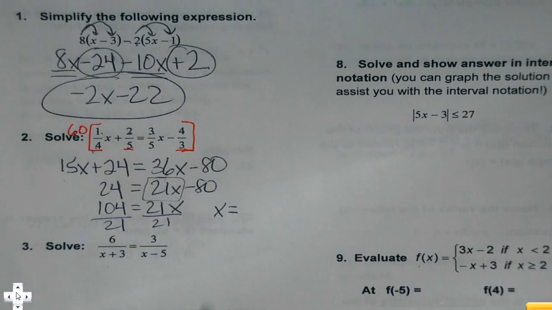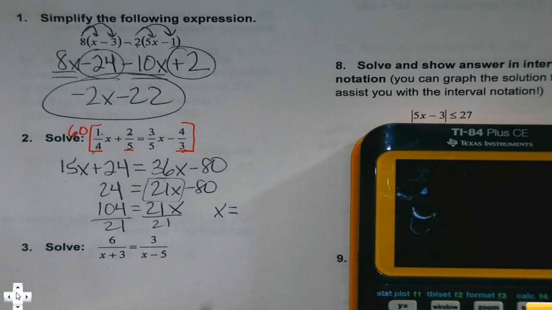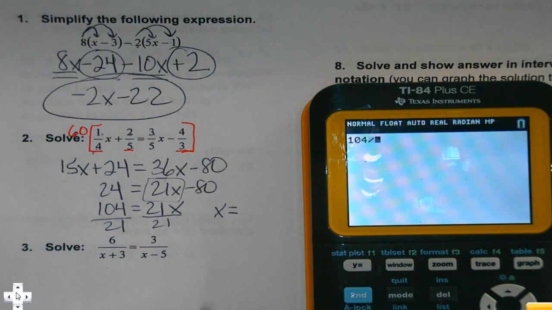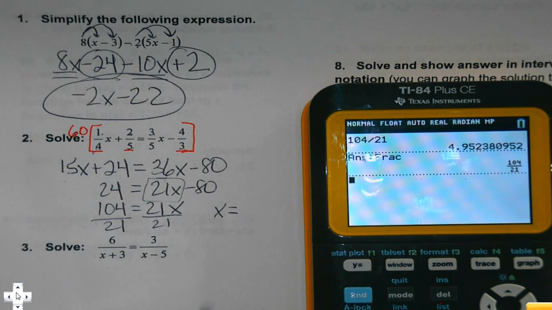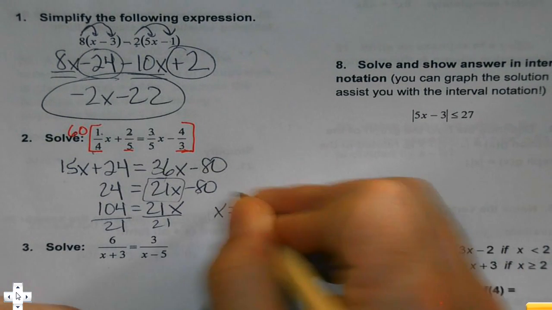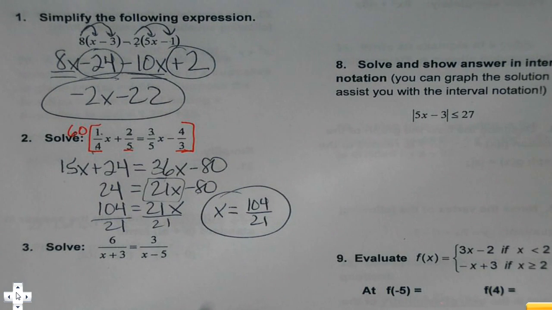Because remember, this is going to be multiple choice. But I'll be pretty safe in saying it's probably not going to be a decimal, the answer that you see. It's probably not going to be 4.95. It's worth the math enter. Notice it doesn't change. So I would just leave it as a fraction. And I'm good.